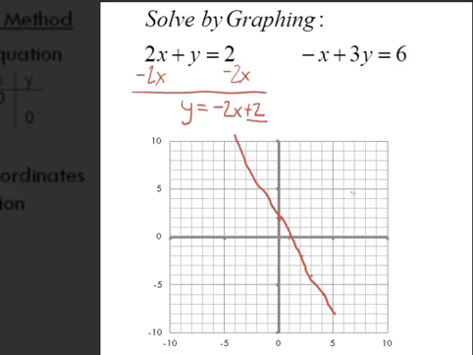And now we have to graph the other one. I could rewrite this in y equals form, but because I'd have to divide by 3, it's going to give us some fractions. I'm going to try using the other method on this. To use the zeros method, I'm going to plug in a 0 for x and calculate that y would have to be a 2 to make this true.